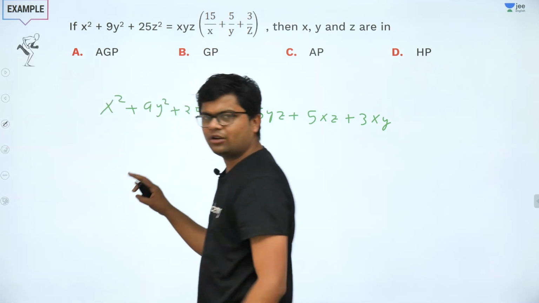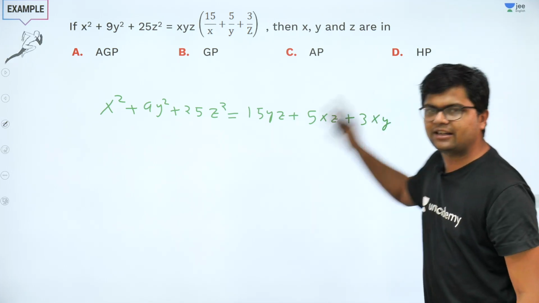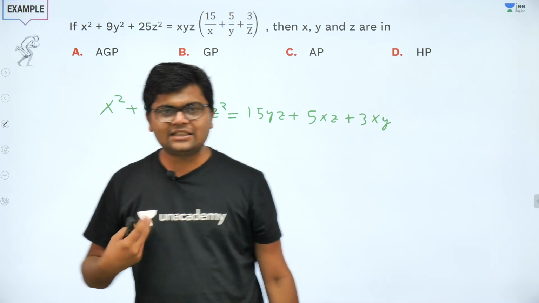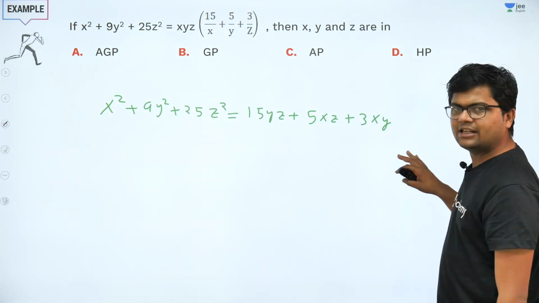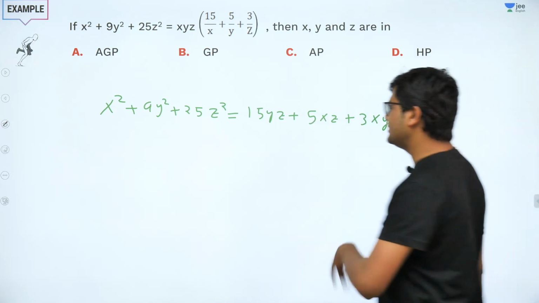So you have already done these types of equations. What will I do? I will make a perfect square in xy, yz and xz, so that these equations can be simplified easily. So to make a perfect square, I initially multiplied it by 2 on the left hand side and the right hand side, both sides.